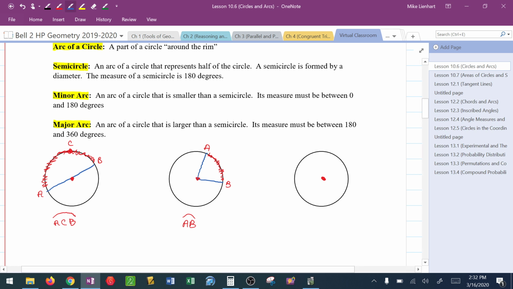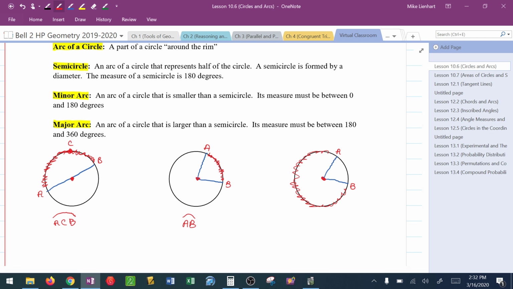Similarly, if I were to draw a very similar angle here, and I called these endpoints A and B, and I wanted to name this part of the rim of the circle, first of all, that's what's called a major arc. It's more than half the circle.